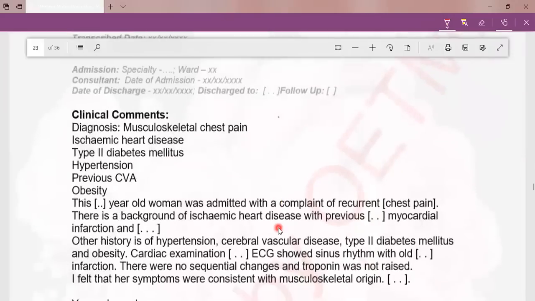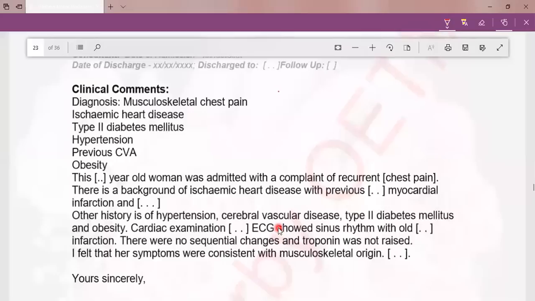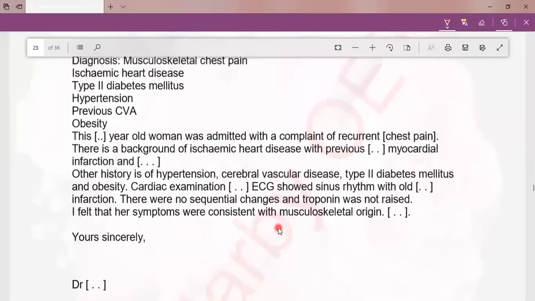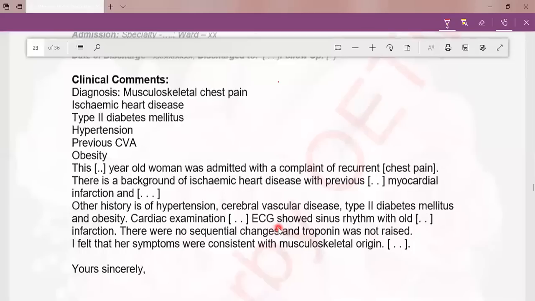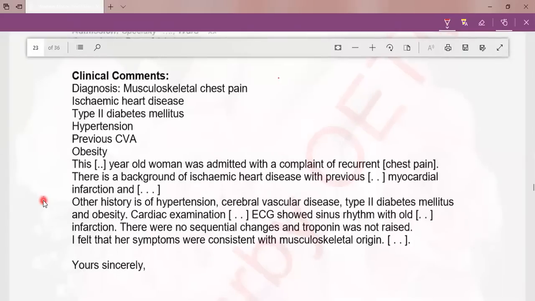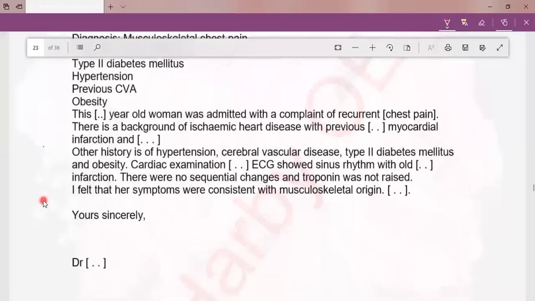Diagnosis: musculoskeletal chest pain, ischemic heart disease, and so you will write, thank you for seeing this 25-year-old woman who is being discharged today into your care. And in between, you will write the details of admission.